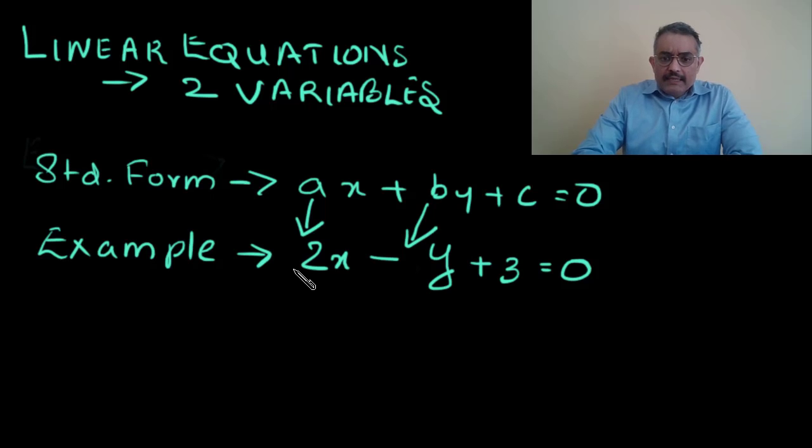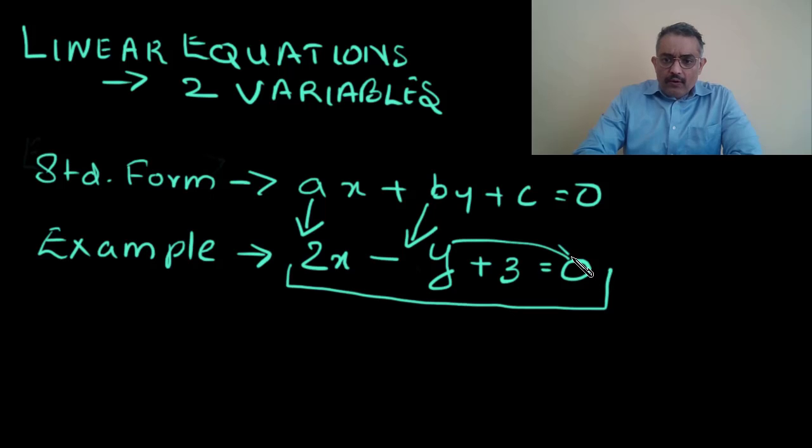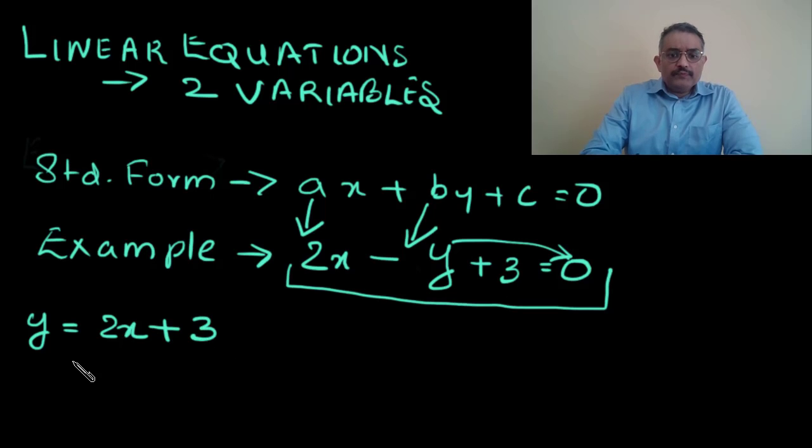Now it's easy to rearrange this equation to have y on one side and the rest of it on the other side. Let me show you. If y moves to the other side of the equal to, then its sign will change. So it would look like y is equal to 2x plus 3.